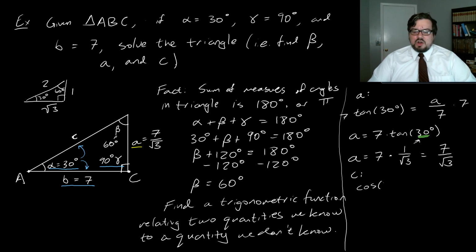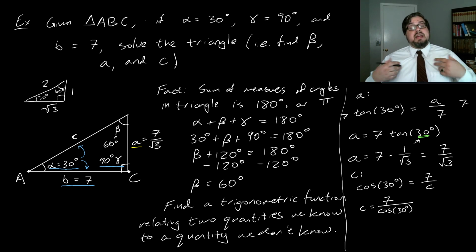So we have that cosine of 30 degrees is equal to adjacent over hypotenuse. So we get that cosine of 30 degrees is equal to 7 over C. Rearranging this, we get that C is equal to 7 over cosine of 30 degrees. And once again, if we were approximating, this is what we would plug into a calculator to get our answer.